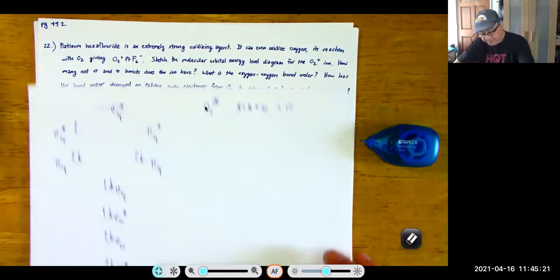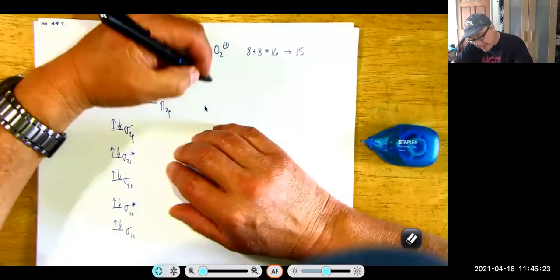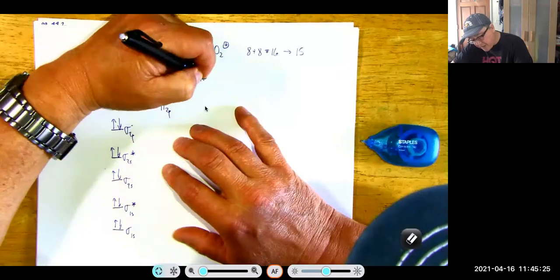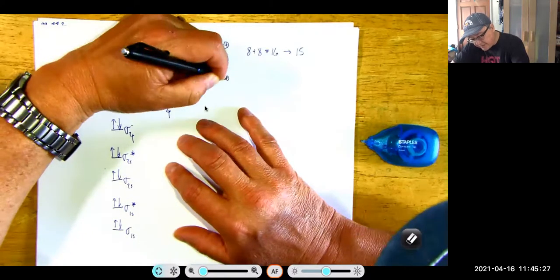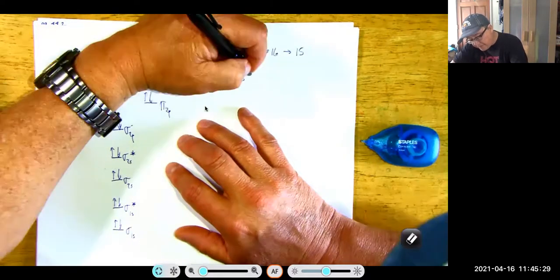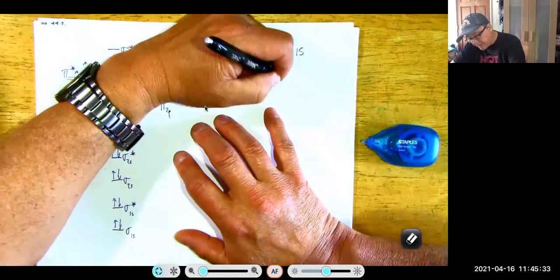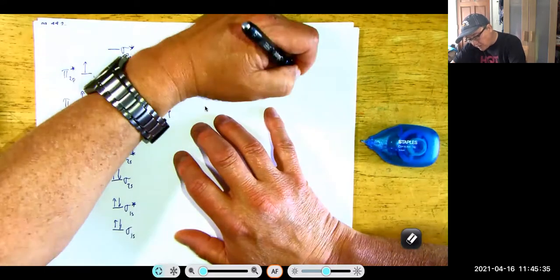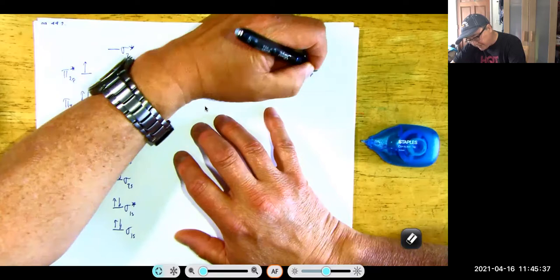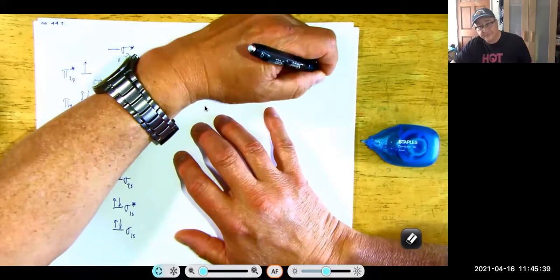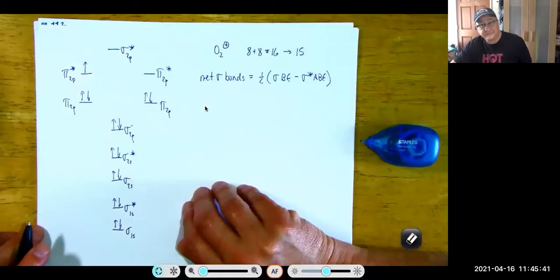So here, we're going to do net sigma bonds is equal to 1/2 of the sigma bonding electrons minus sigma star anti-bonding electrons. Okay.